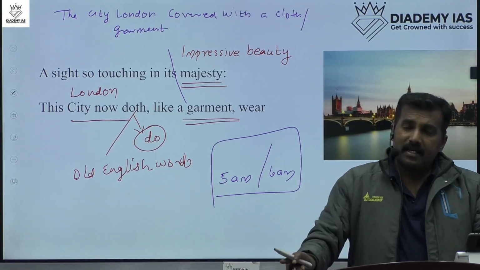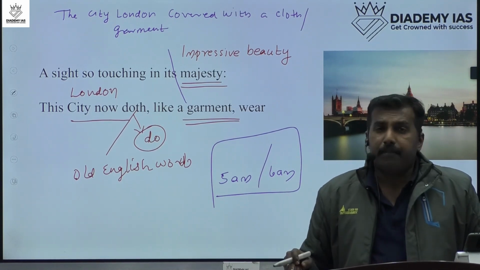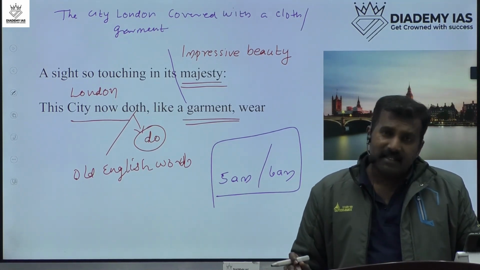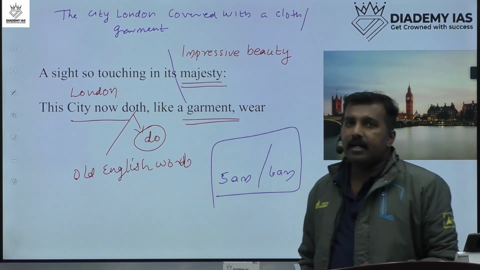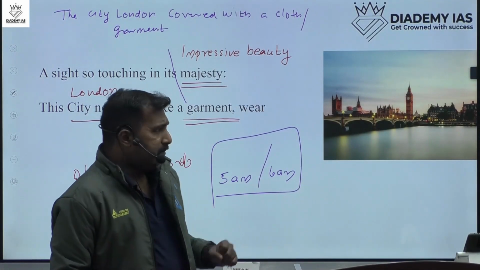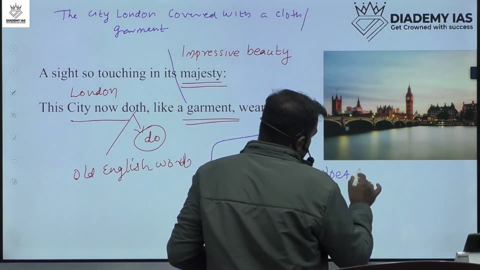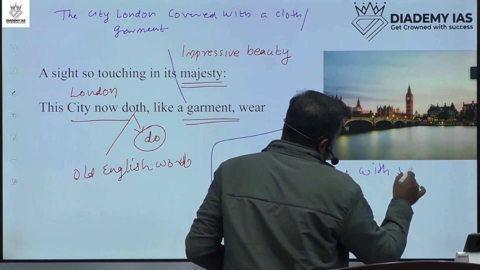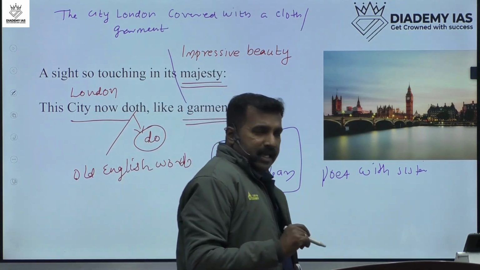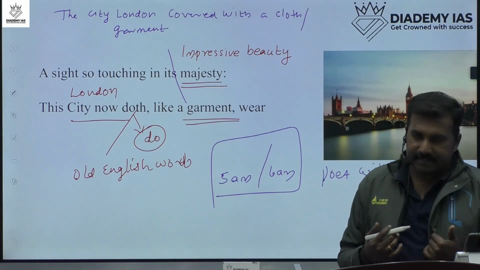From line 3, William Wordsworth explained the beauty of Westminster Bridge and the London city. And the time is early morning, between 5 a.m. and 6 a.m. The poet, with his sister, traveled through this bridge. Okay. And they were on the way to Calais.